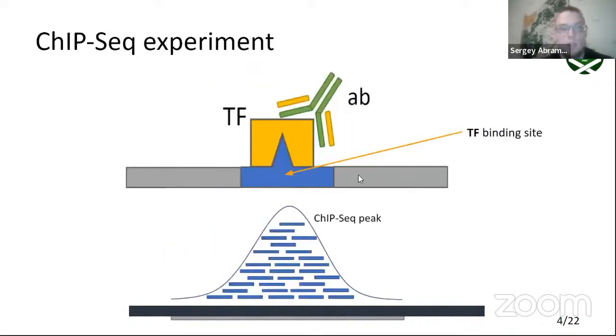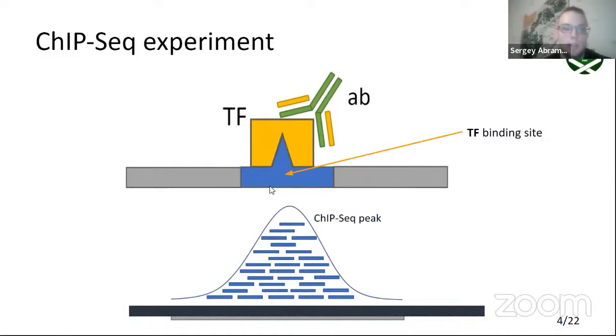To study transcription factors and the regions of DNA they are connected to, these regions, by the way, called transcription factor binding sites, ChIP-seq experiments are used. So in these experiments, the transcription factor and DNA attached to it are immunoprecipitated using a specific antibody.